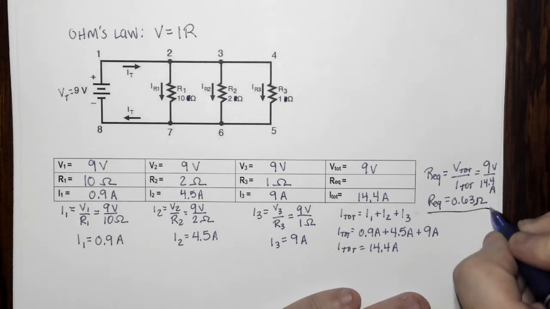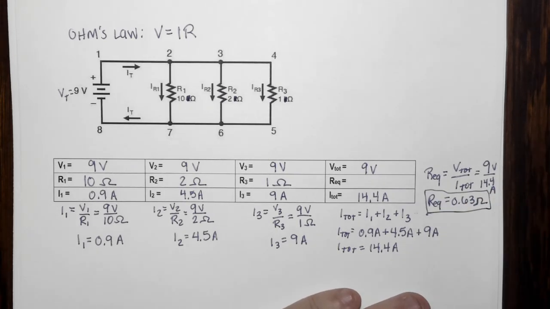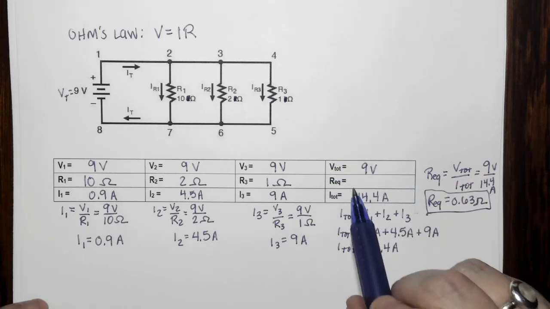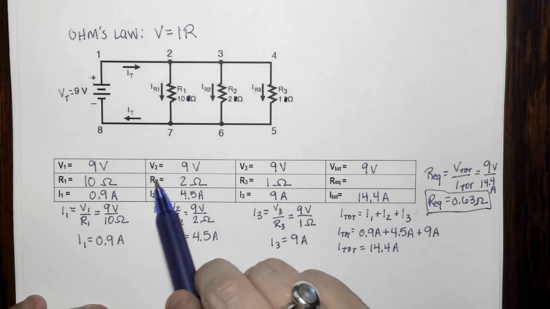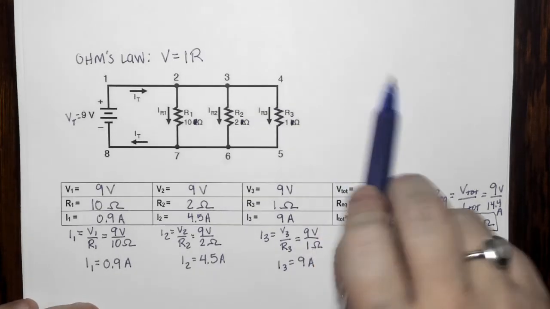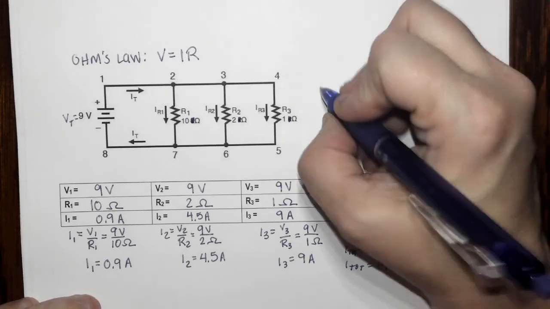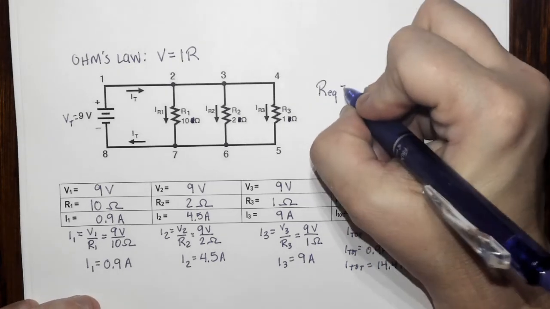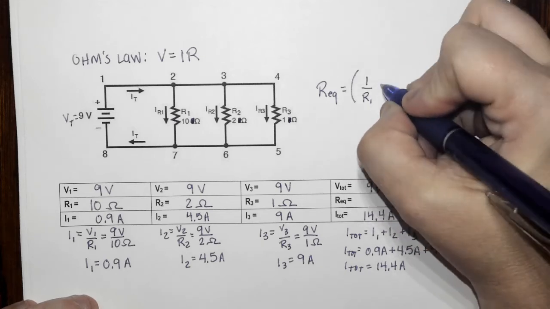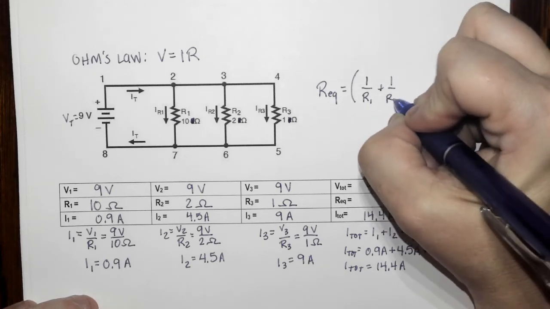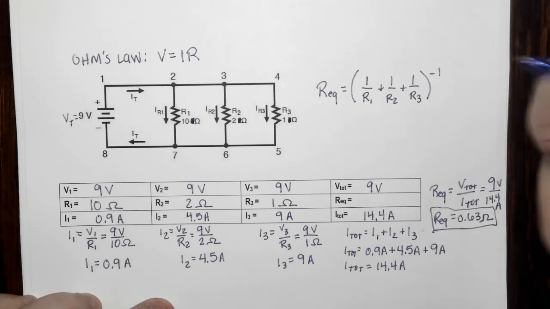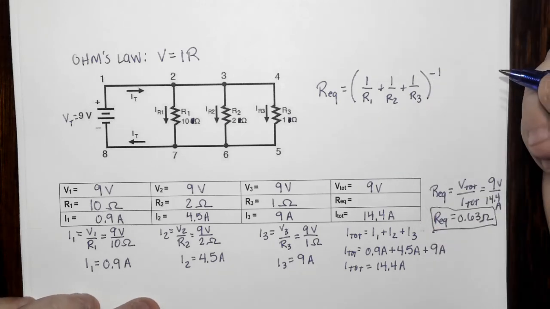Okay, so I'm just going to put a little box there because I want to show you how you would actually do this if you were just trying to use these resistors to calculate the equivalent resistance. I'm going to do that right up here. So the equivalent resistance is going to be equal to 1 over R1 plus 1 over R2 plus 1 over R3, and then we're going to invert the whole thing.